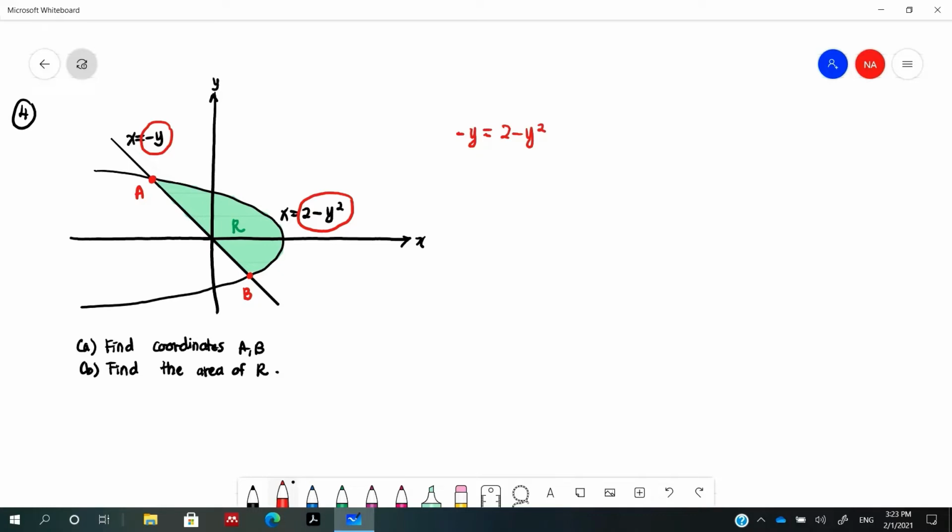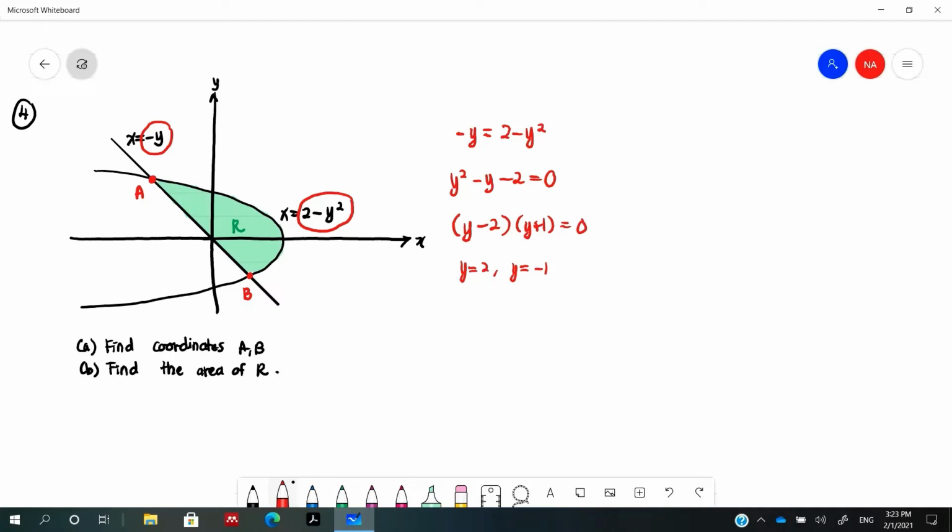So we can bring that negative y squared to the left side, and we'll have y squared minus y minus 2 equal to 0. So we factorize this: y minus 2 times y plus 1 equal to 0. So we have y equal to 2 and y equal to negative 1.